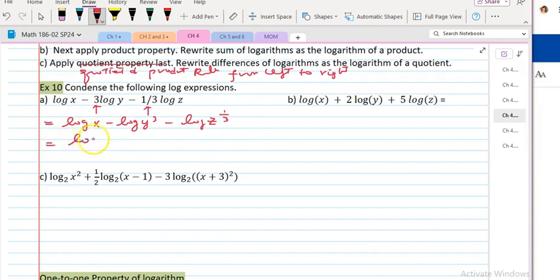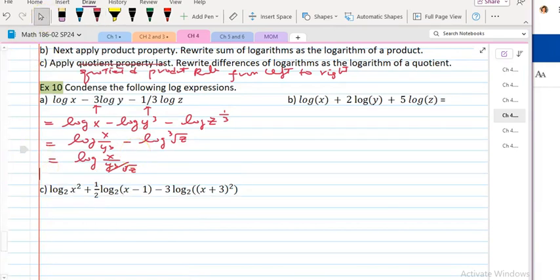Subtract means log of x over y cubed, and then log of the cube root of z. Another subtract means I have to do dividing, and we know x over y cubed divided by the cube root of z. Maybe I'll just do more space.